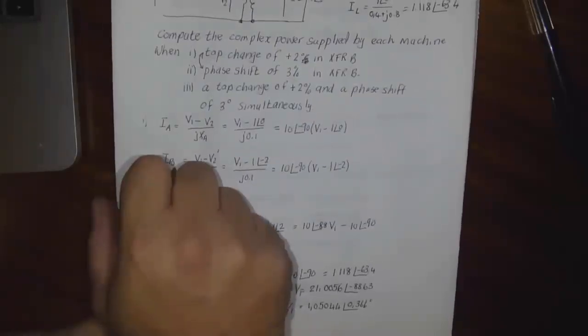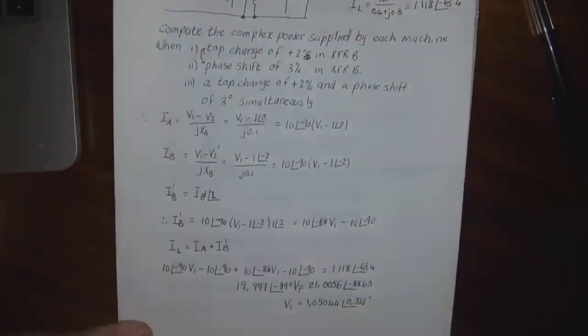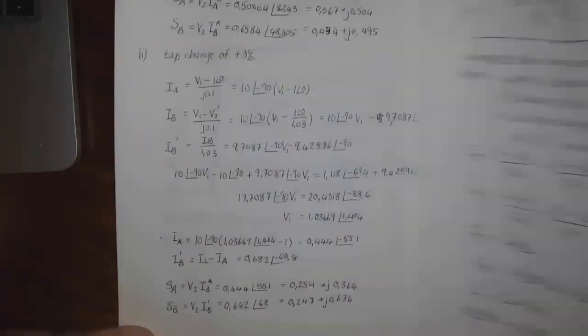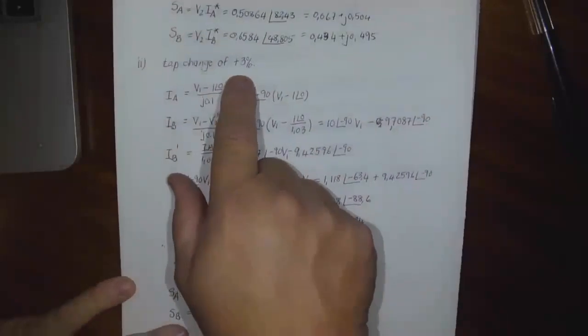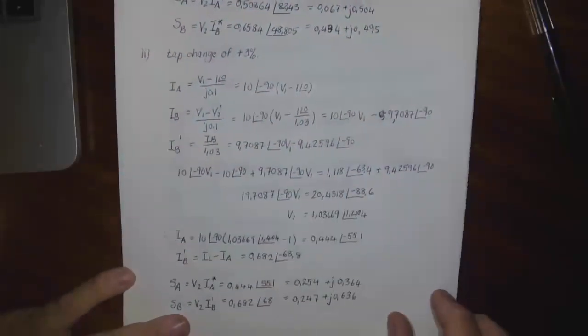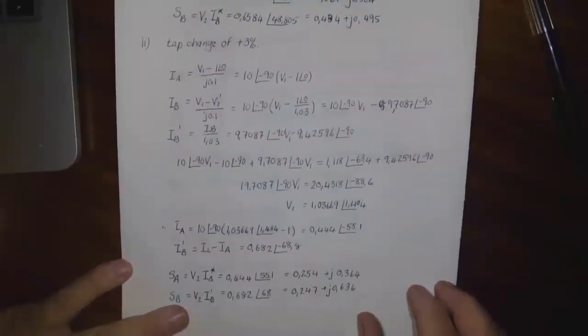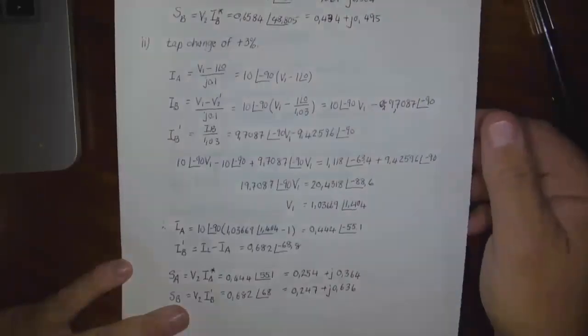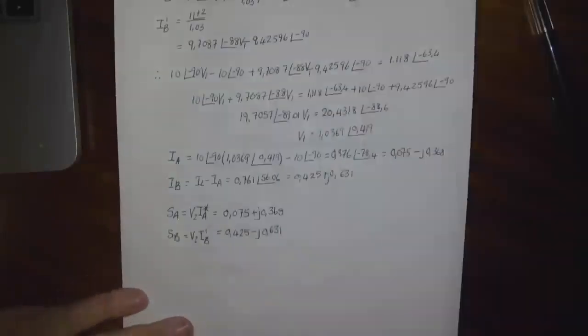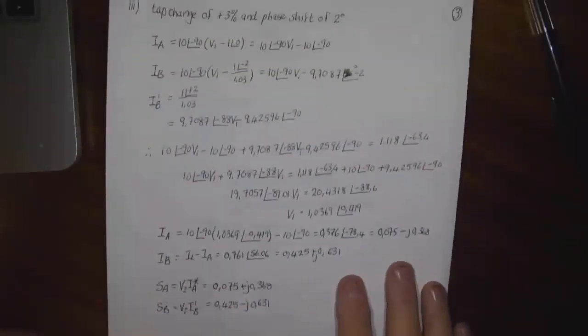And then the second page is where I calculated for a tap change of 3%. And then the third one is the tap change.